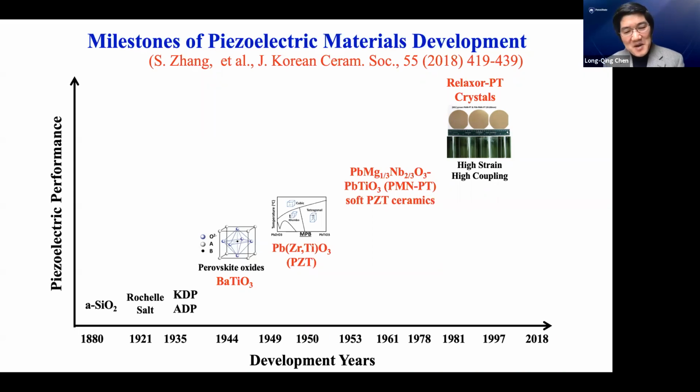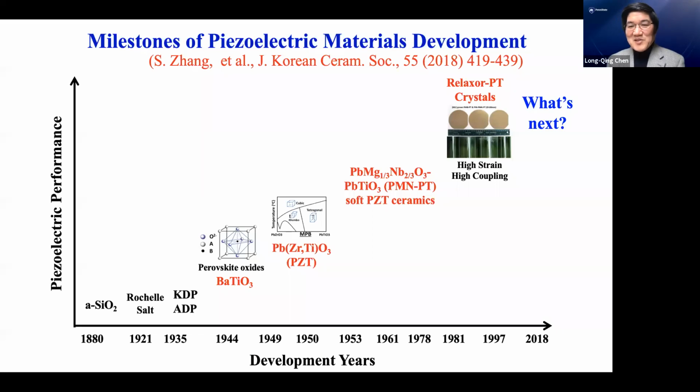So we're talking about roughly an order of magnitude, 1,000 times larger now compared to the very initial piezoelectric materials. And these materials exhibit much higher strain under electrical field, and also exhibit very high coupling, which means the electromechanical coupling coefficients.